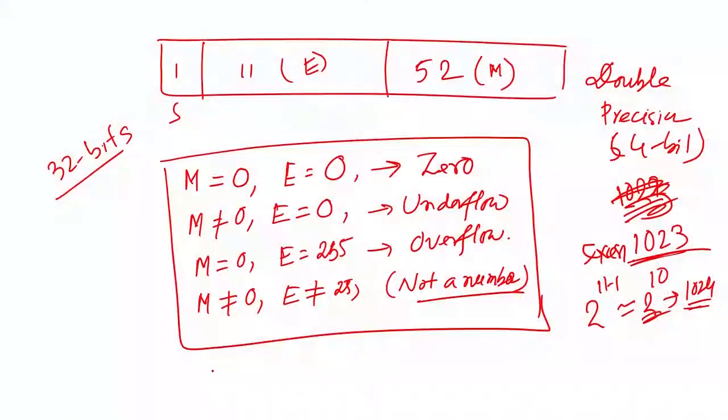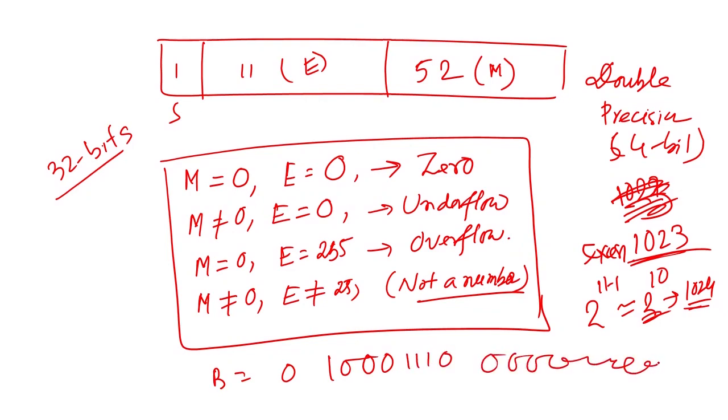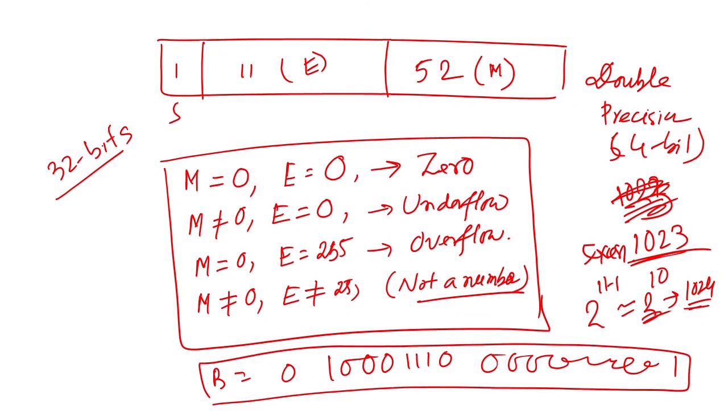Let us say there is a number 1 0 0 0 1 1 1 0 and then 0 0 0 0 0 0 and so on, what will be the corresponding decimal value, or represent the number 1.5 in IEEE 754 format.